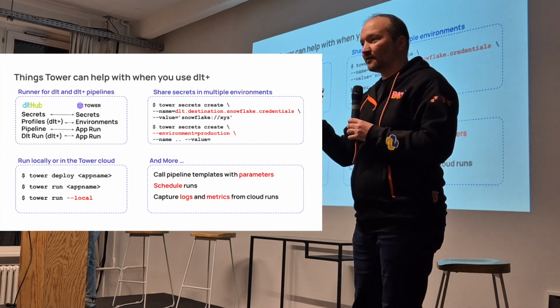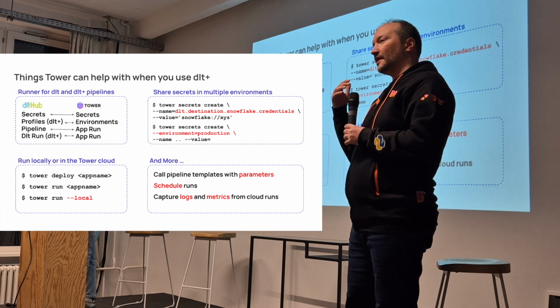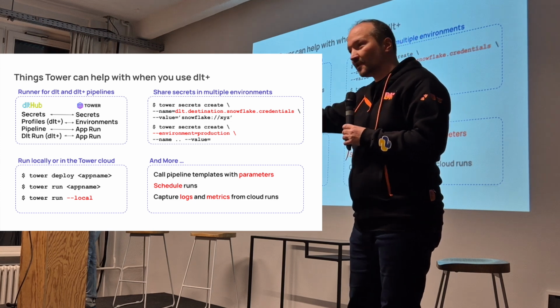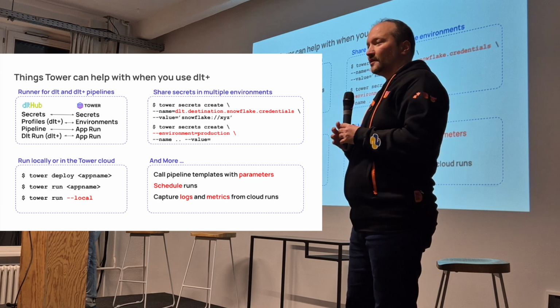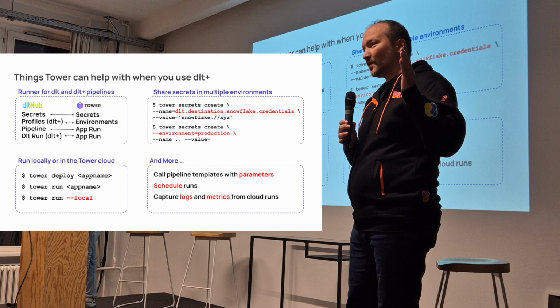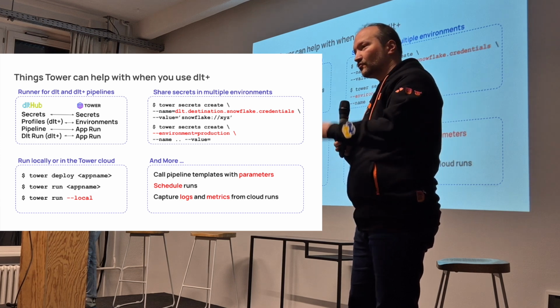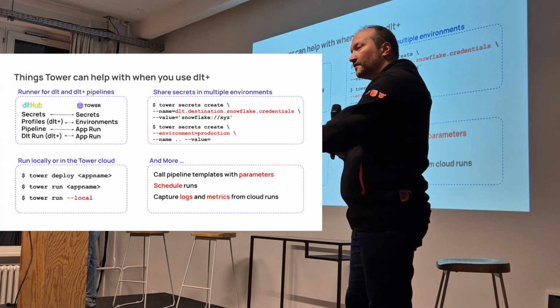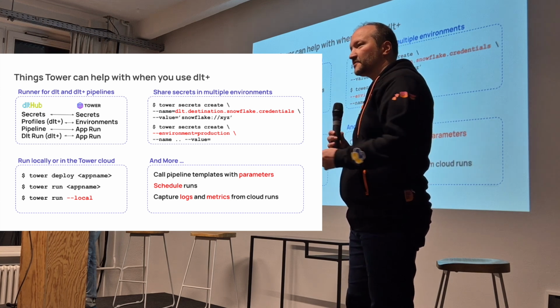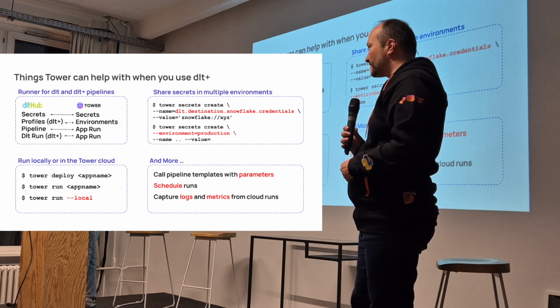You get logs collected into a common data warehouse. You get metrics collected from Cloud Runs into a warehouse that you can then analyze. So it's a great way for you to take an existing DLT Plus application that you developed locally and push it gently, first perhaps in an integration test environment, and then later into a production environment.